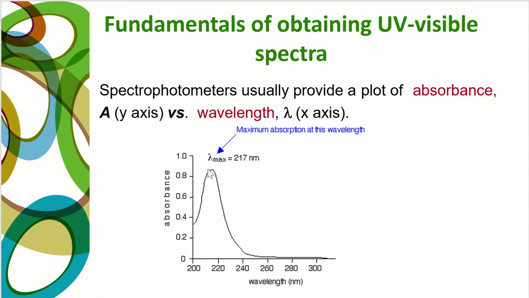This is the output of the data from the spectrophotometer, and essentially the lambda max is the highest point, and it corresponds to a particular wavelength, in this case about 217 nanometers. As I said, we have been quoting lambda max values. So this is the maximum absorption at this wavelength here.